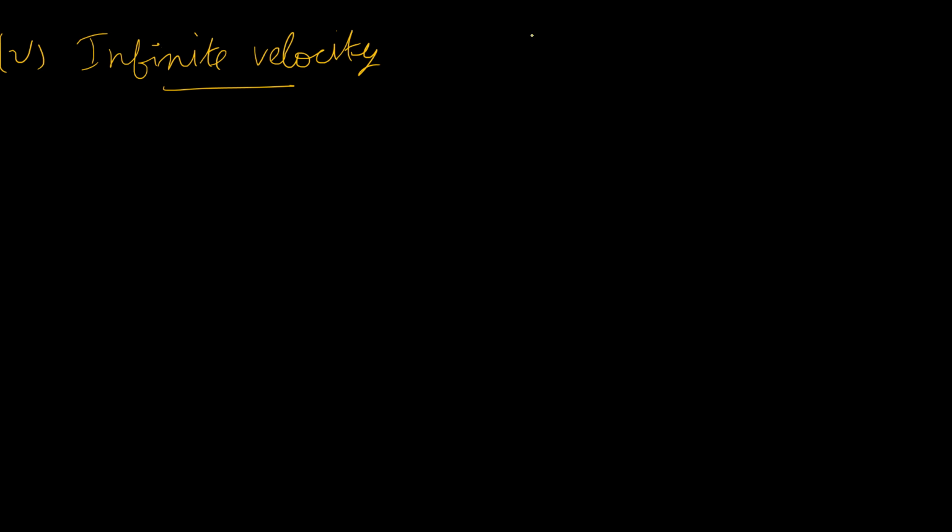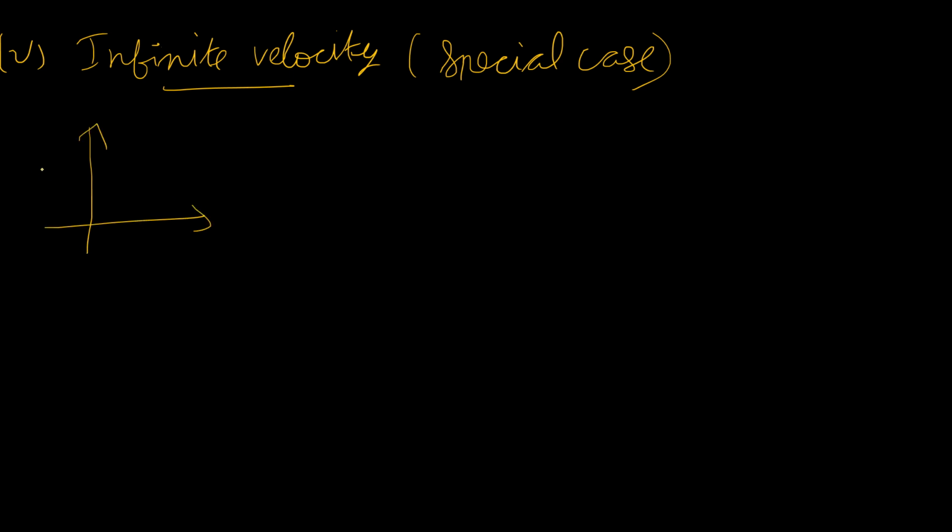It's a special case. Special cases can be asked, but it's very rare. The displacement time graph will be like this. Let's say infinite velocity, we have 2 points A and B. The graph will be like dotted lines, like this.